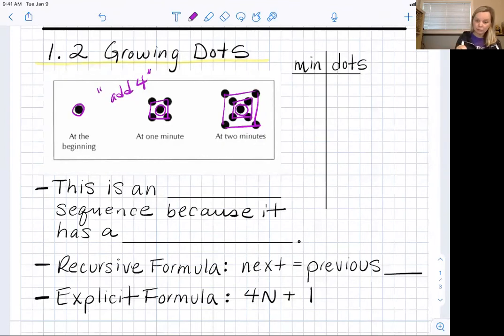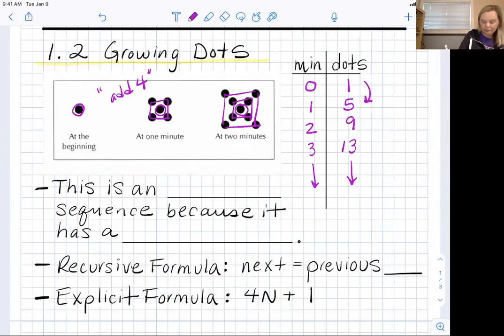So we put that down into a table and we said, okay, that means at minute 0, we have 1 dot. At minute 1, we've added 4 more for a total of 5. At minute 2, we have 9 dots, and we kept going from there. At minute 3, we had 13, and so on and so on.